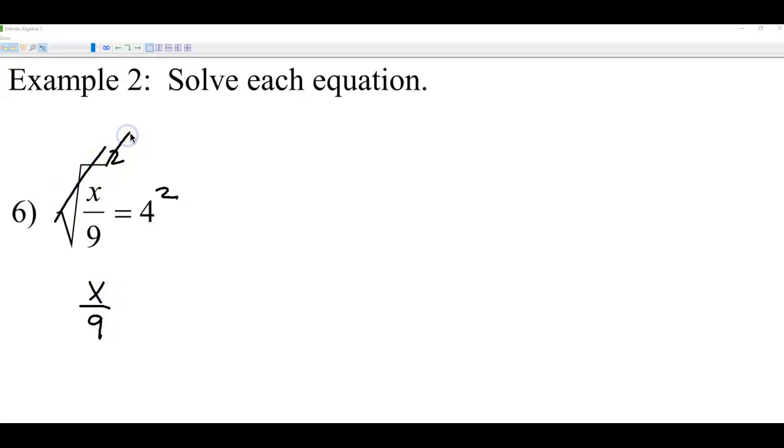So that cancels that out. And that's 16. Kimaya, what's the third step? Did you write it down? Not sure? Do you want to take a guess?